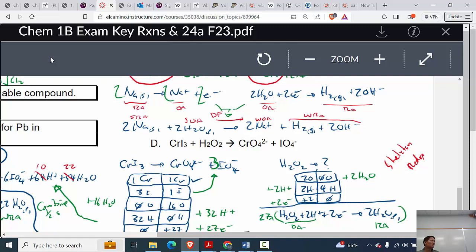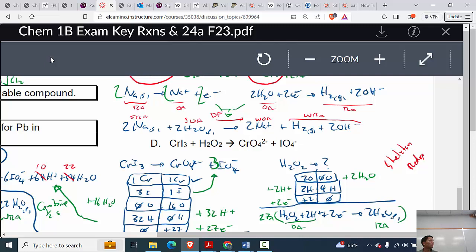So this is another advanced level. When you see chromium 3 iodide, is that electron rich or electron poor? When I see chromium 3 iodide, I see the chromium could go either way, it's +3, but when I see iodide, immediately what comes to mind? What comes to mind for iodide is it's a good reducing agent. Iodide is I- and this is jumbo. And if you have a big iodide, it's a great reducer. And so I see a strong reducer here.